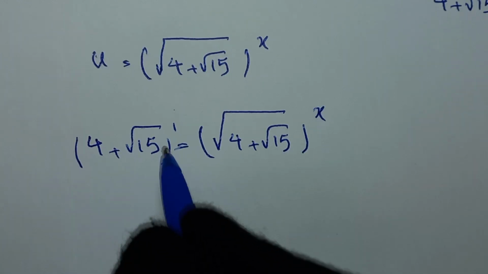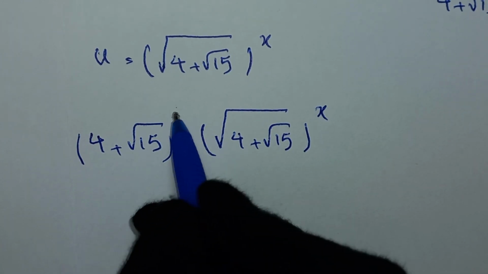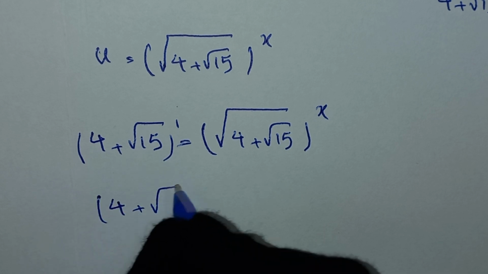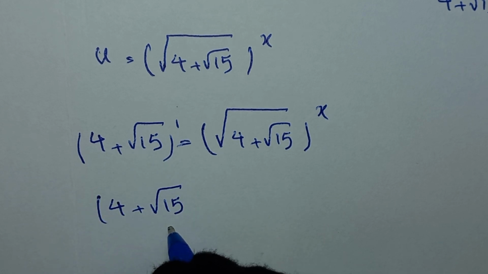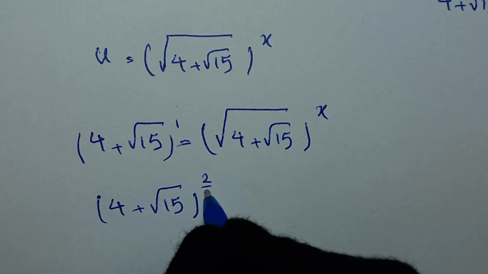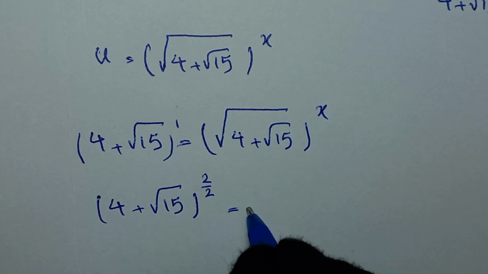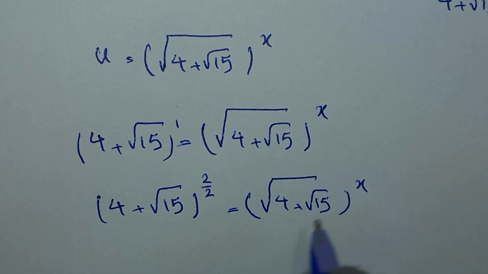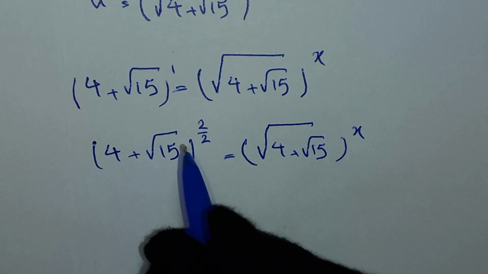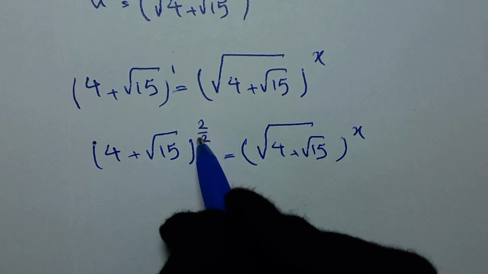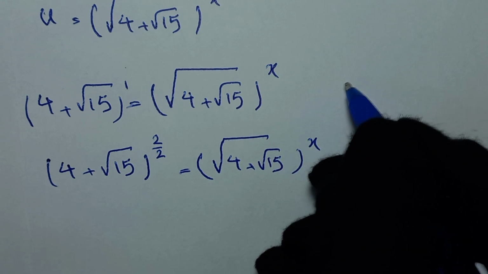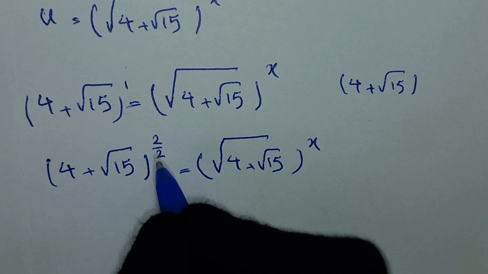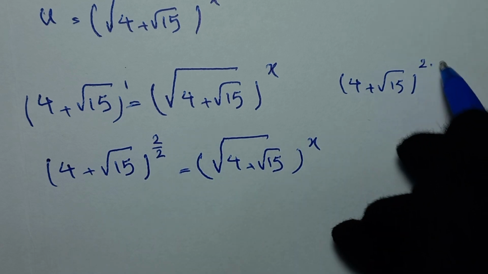Okay? And we can write this power of 1 as 2 over 2. So we write in here 4 plus square root of 15 to the power of 2 over 2. This is also 1, is equal to 4 plus square root of 15 to the power of x. Okay? And we can write this 2 over 2, 4 plus square root of 15 to the power of 2 over 2, as 2 times 1 over 2.